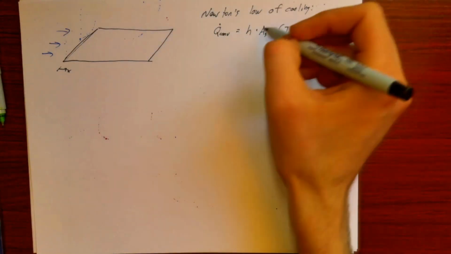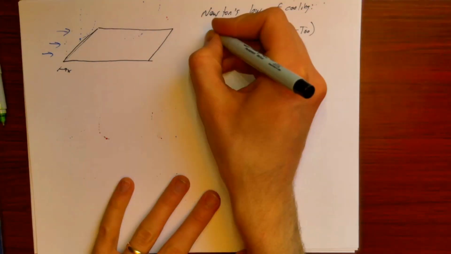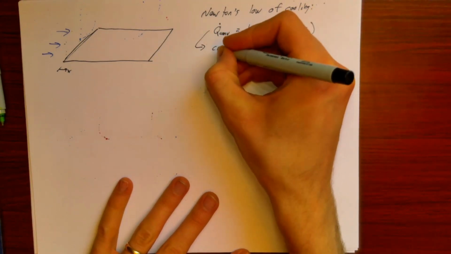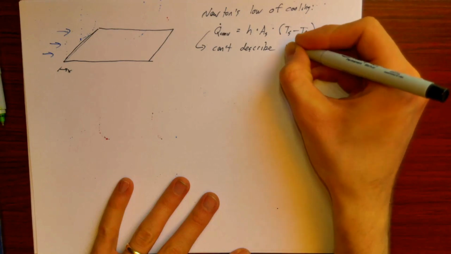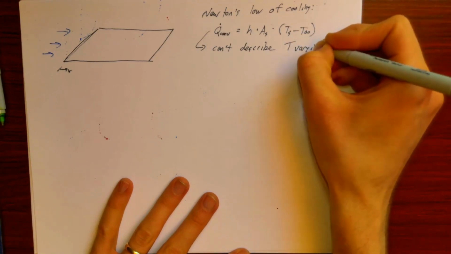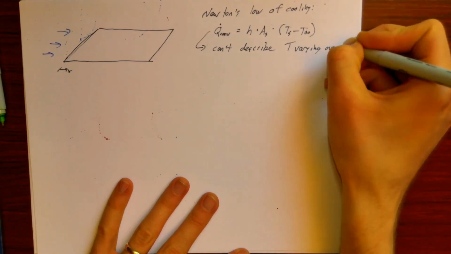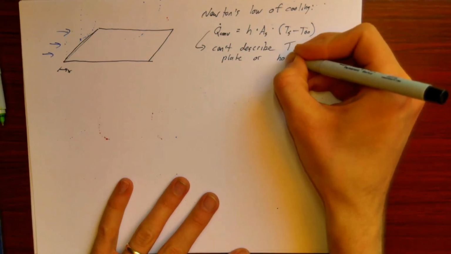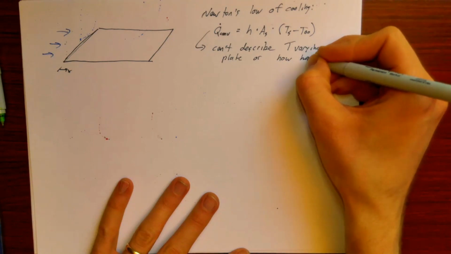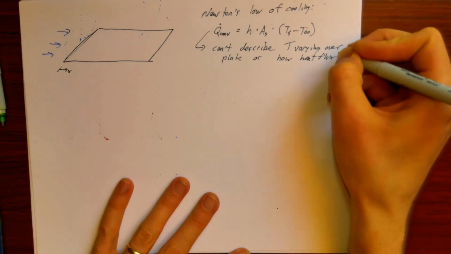So we might ask ourselves, hey, this can't describe temperature varying over the plate, or how heat flux could be non-uniform.